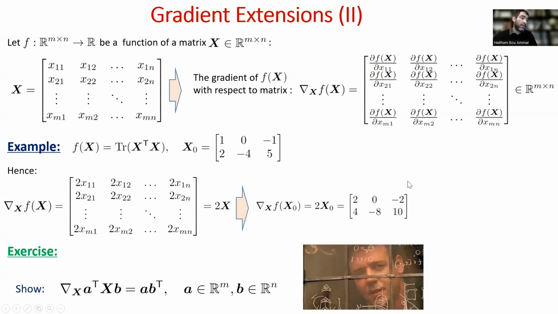It's also a very good exercise for you to consider this expression, this function A transpose X B, where A and B are some fixed vectors, m-dimensional and n-dimensional respectively, and X is an M by N matrix. And show that if we take the matrix gradient of this A transpose X B expression, it will give us the A B transpose matrix.